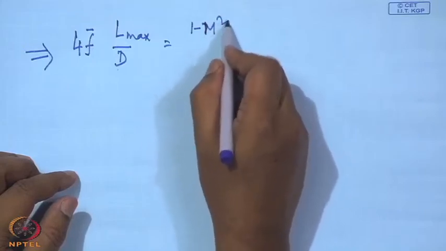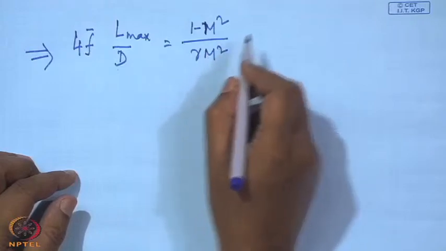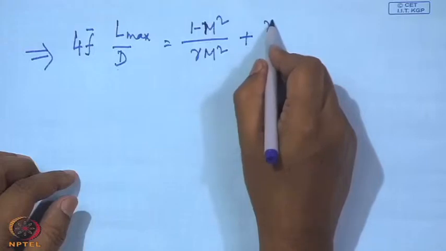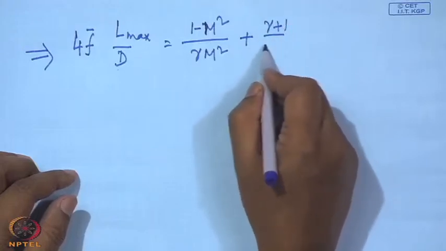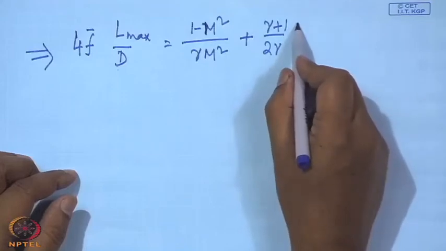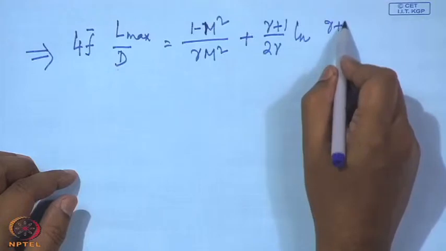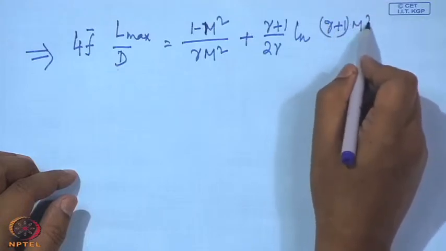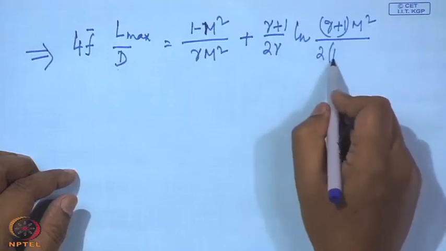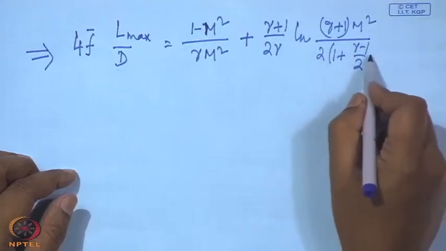Sorry, 1 minus M square by gamma M square plus gamma plus 1 by 2 gamma log of gamma plus 1 M square by 2 into 1 plus gamma minus 1 by 2 M square.